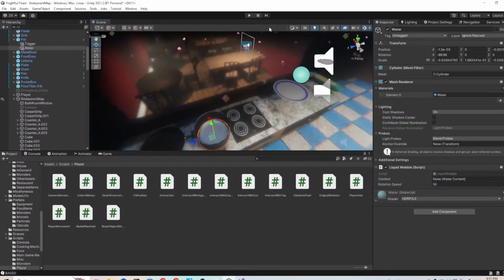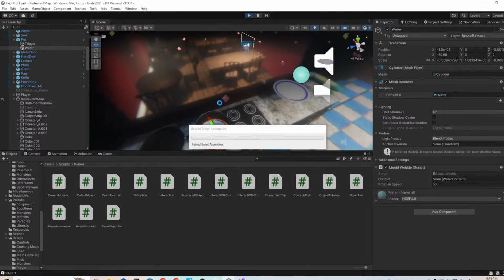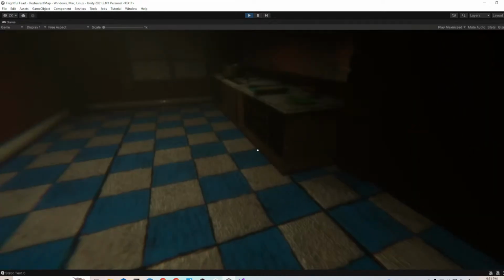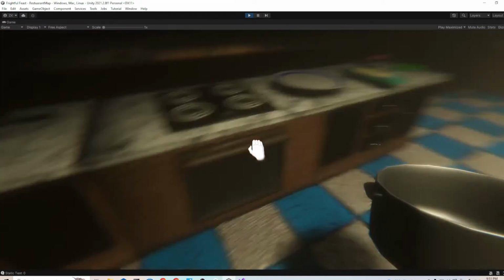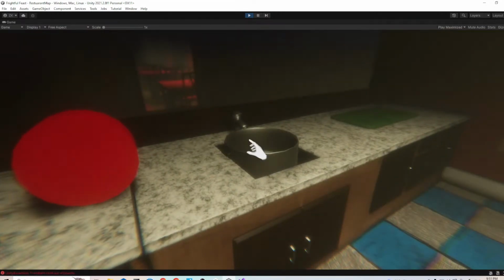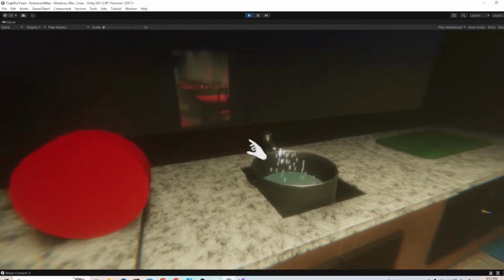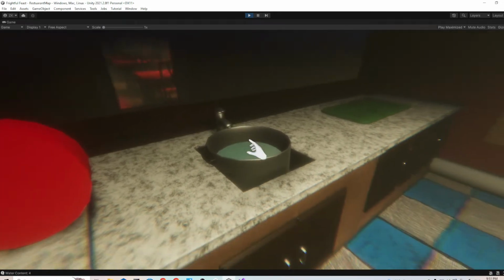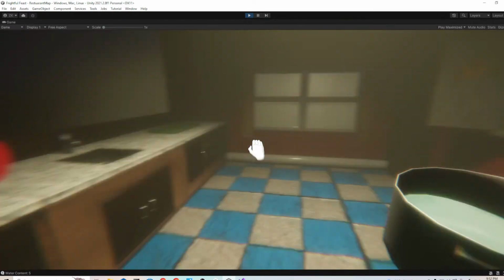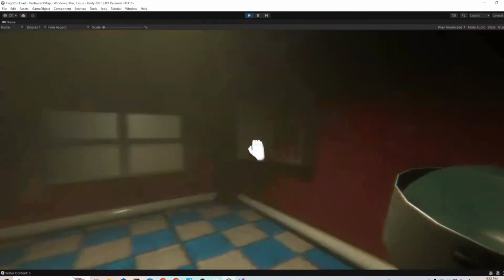Why not? We'll see how violent it is. Oh yeah, that's much smoother. Okay, yeah, that works well.